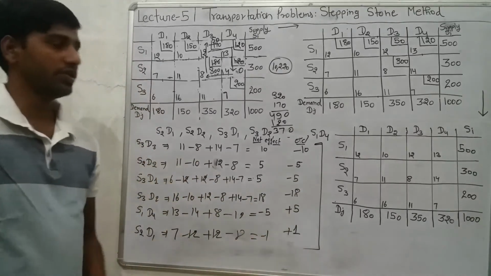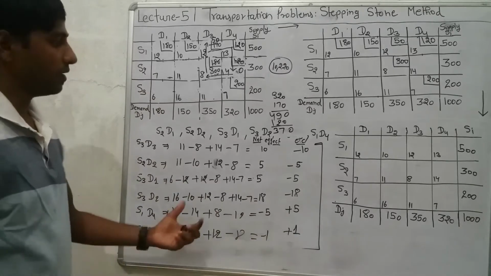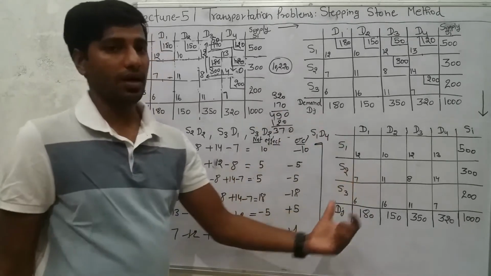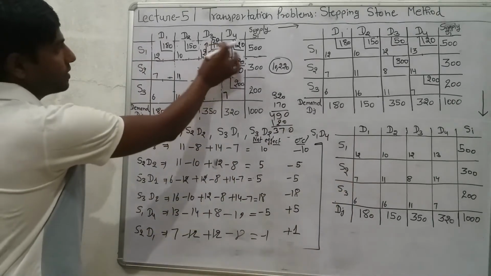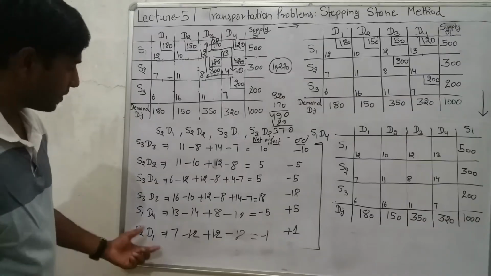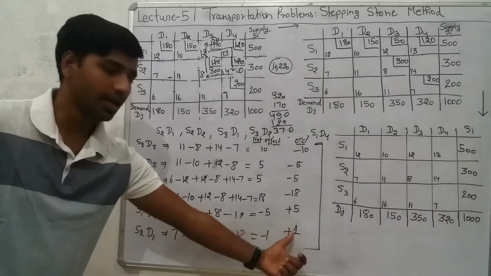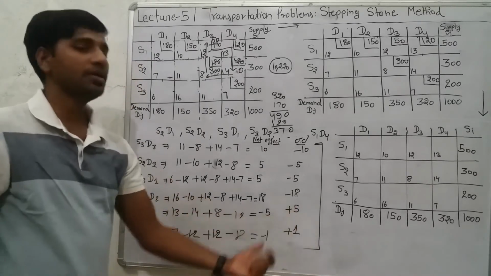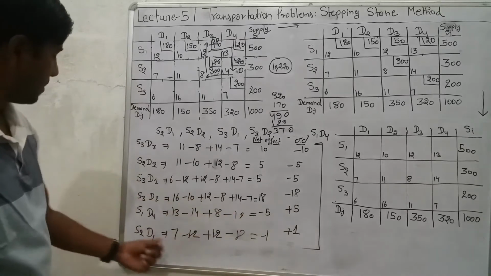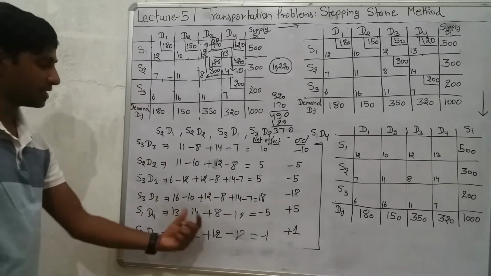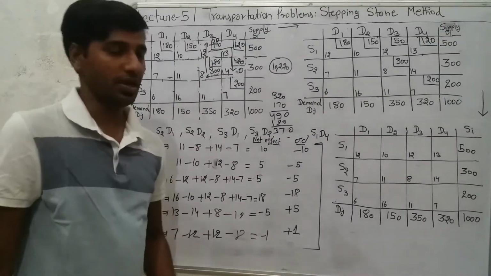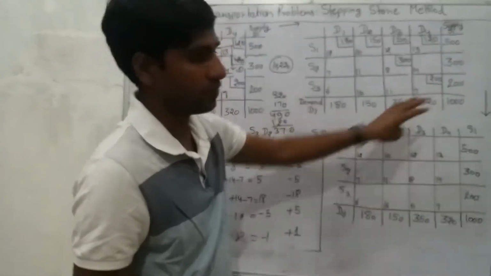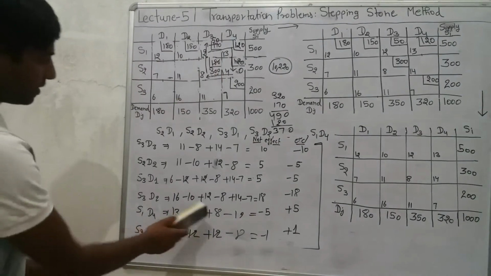It means our solution was not optimal, so we have to improve it. And how have we improved it? By transferring the maximum units in the cell which brings us the maximum benefit, that is S1D4. So by transferring 120 units from this cell to this cell, we improved our solution, and the improved solution is this one. So I'm going to clear this one.